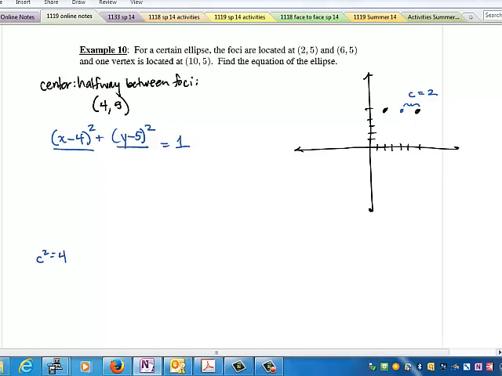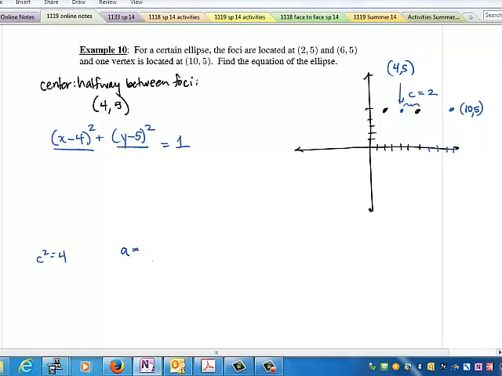And it tells us one vertex is located at 10, 5. So the center was 4, 5, 6, 7, 8, 9, 10, 5. So if this is 4, 5, and this is 10, 5, the distance there between the center and a vertex, that would be a, and it looks like that distance is 6.